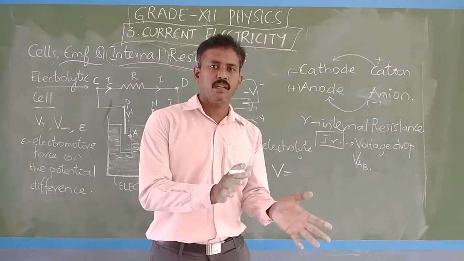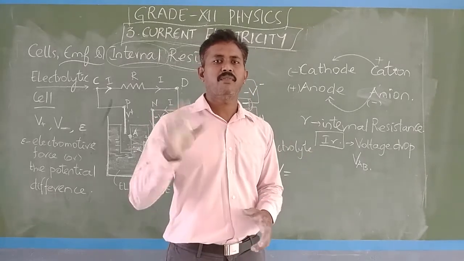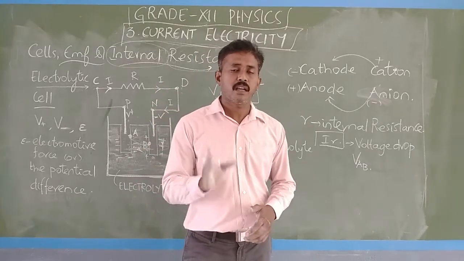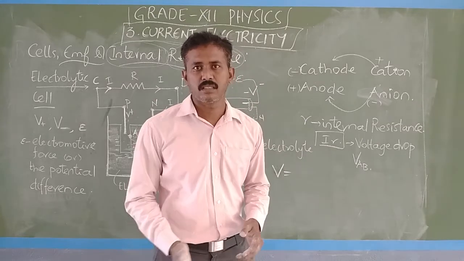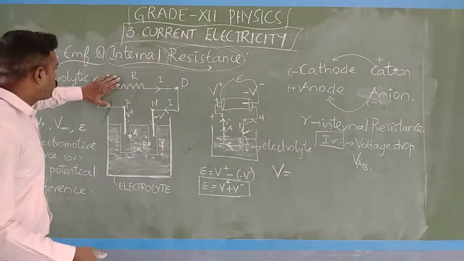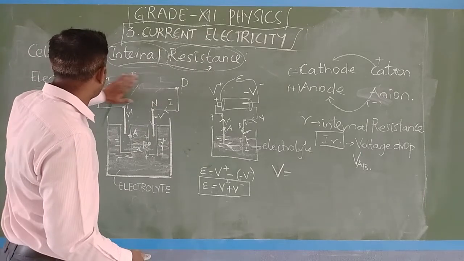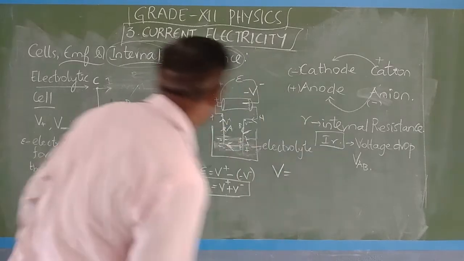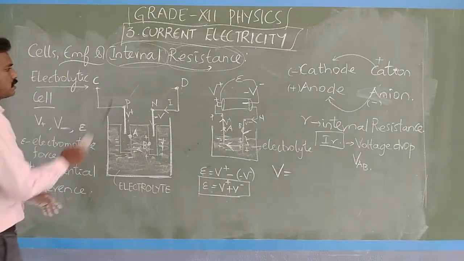So another way of representing is an infinite resistance load. ஒரு லோட கனெக்ட் பண்ணிருக்கேன், ஆனா அதுக்கு infinite resistance இருக்கு. இல்லாட்டி அது ஓபன் சர்க்யூட்னே சொல்லுவோம். So if you consider this R is not there, if this resistance is not there, what will be there? These two points are open.